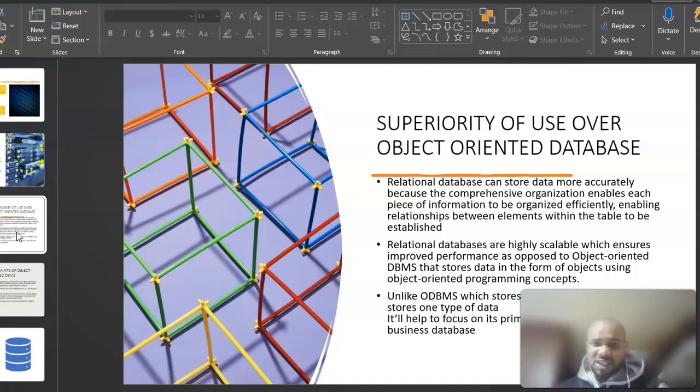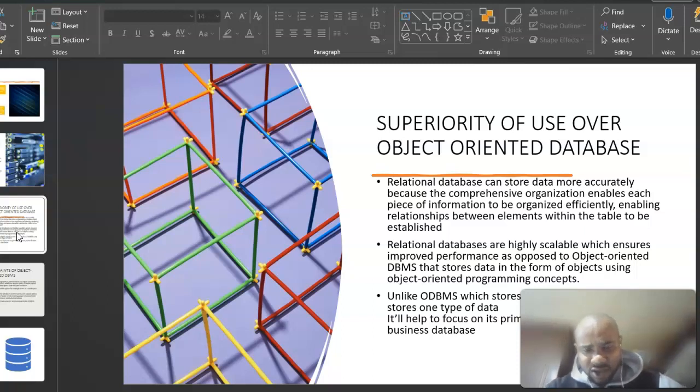But the scalability ratio between that of the relational database and object-oriented is vast, and the preferred scalability will go for the relational database management system.